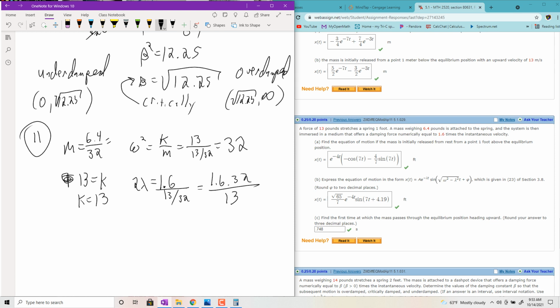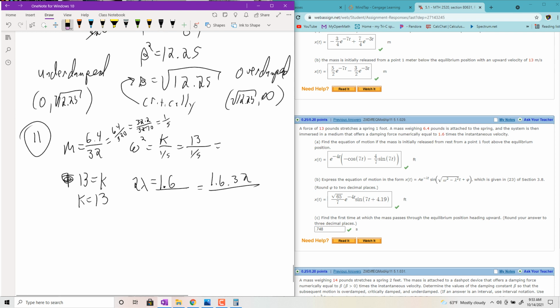And then I'm going to rewrite this, 64 all over 320. So that'll be 32 times 2 all over 32 times 10, which is 1/5. So m is actually 1/5. Again, I apologize. So I get 1/5 here, 1/5 here.